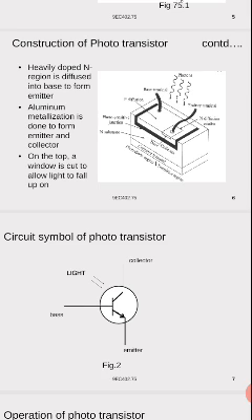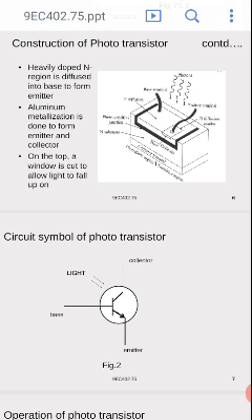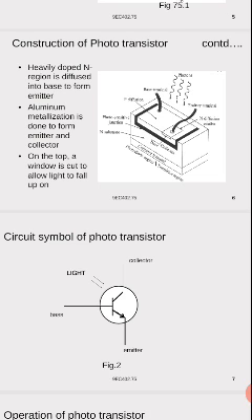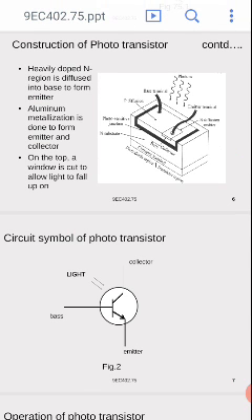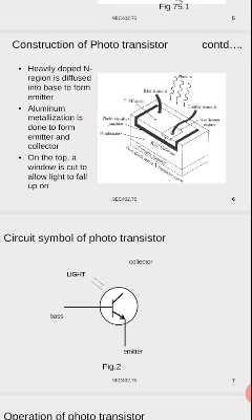A window is provided at the base, and light falls on that. This is the circuit symbol. The arrow marks shown in the figure indicate the photo falling on the transistor at the base.